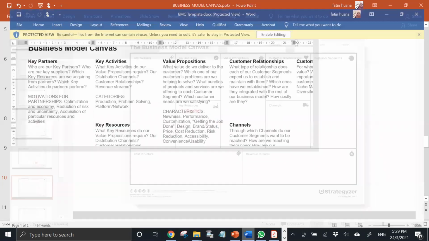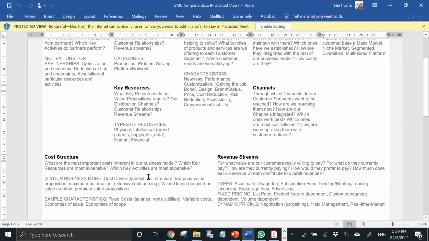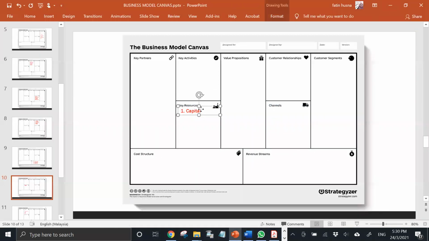Let's see what it is talking about here. For example, physical, intellectual, brand, patents, copyright, data, human, financial. Basically, businesses always put capital. For example, capital, your team members, your group members. Your group member is your key resource.